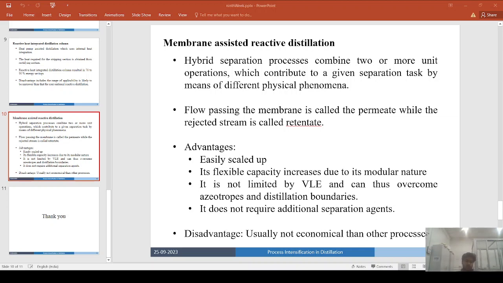A smaller column and reflux ratio can achieve a specified separation. The improvement in system performance can permit further reduction in capital investment and therefore leads to a more compact process design, which is one of the main features of process intensification.